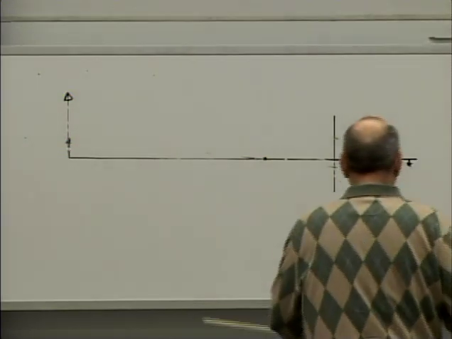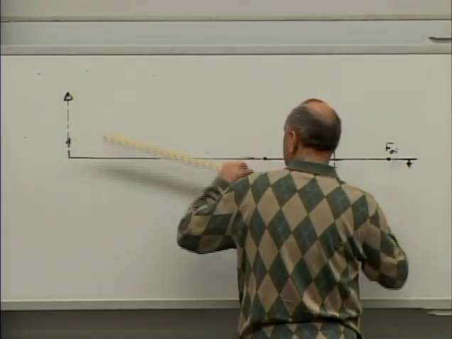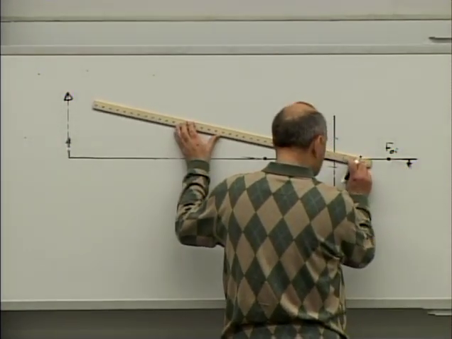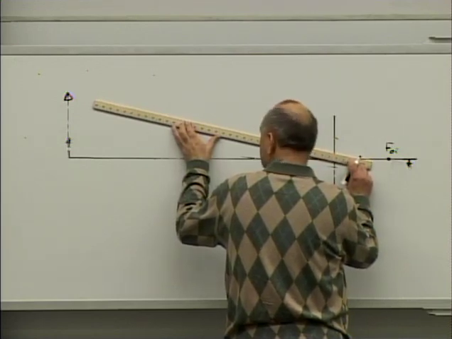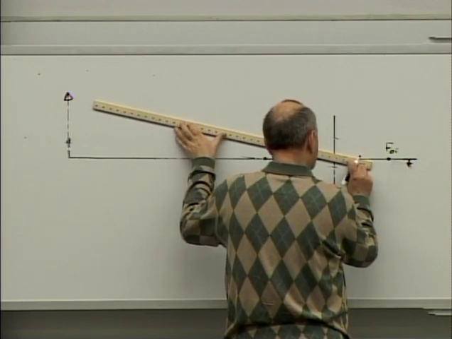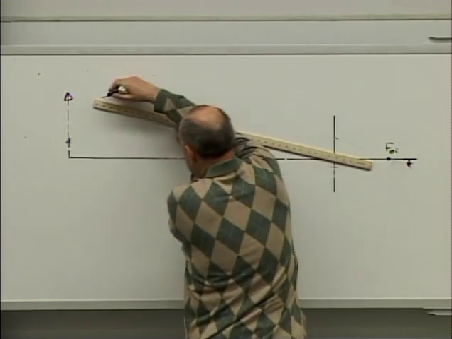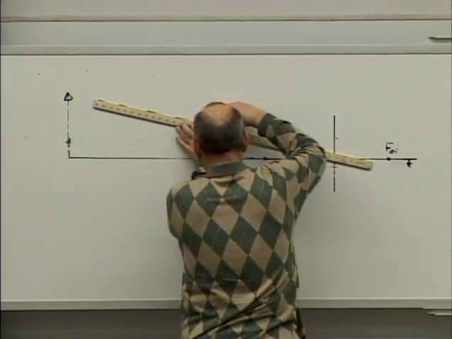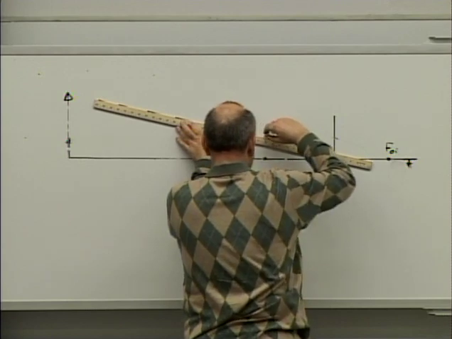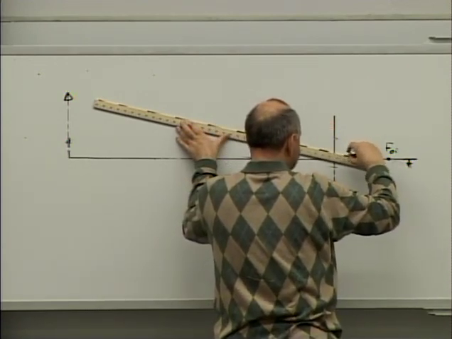So I know, here is the object, over there is the image. So the chief ray is supposed to look like that. Yeah, this is the extension of the image chief ray.